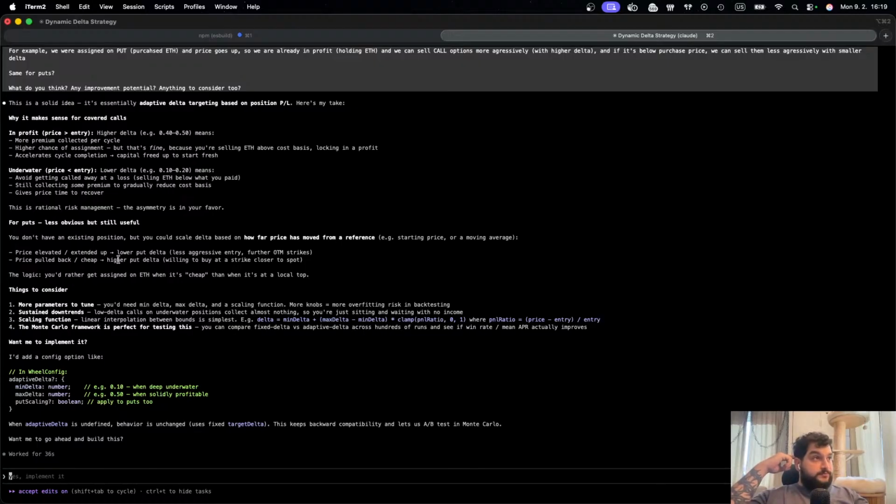The Monte Carlo framework is perfect for testing this. You can compare fixed delta with adaptive delta across hundreds of runs and see if win rate and mean APR actually improve. Want me to implement it? Apply to puts too.